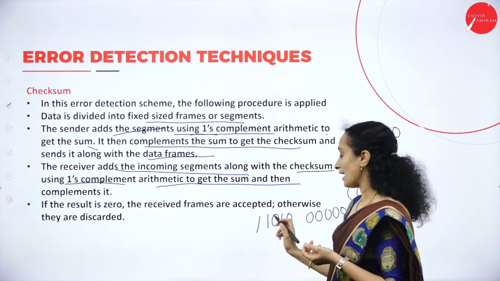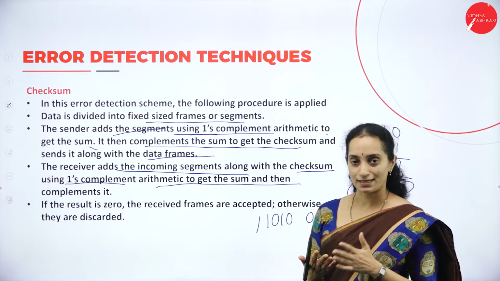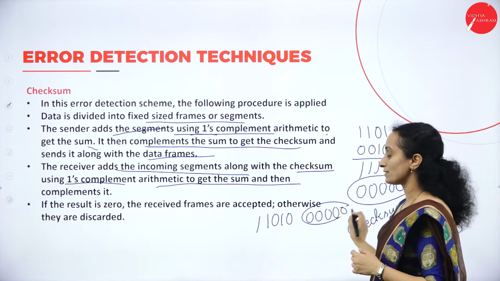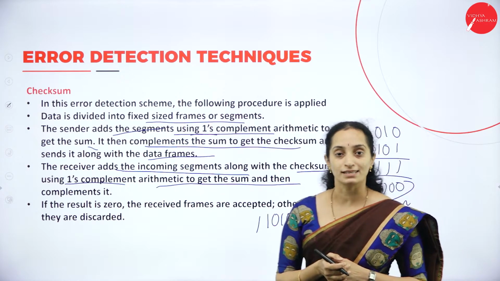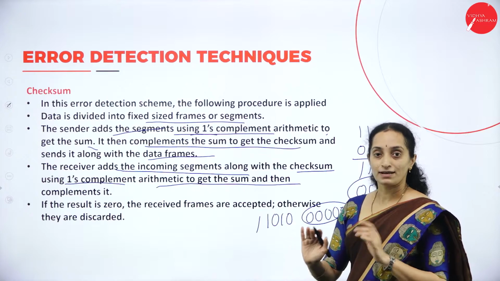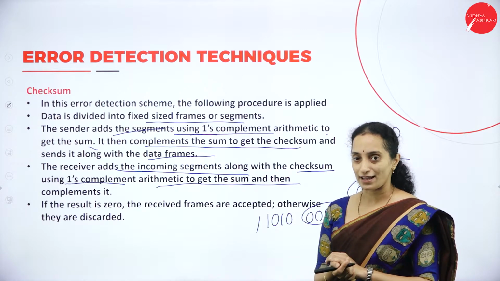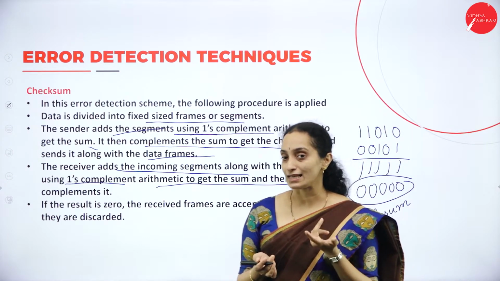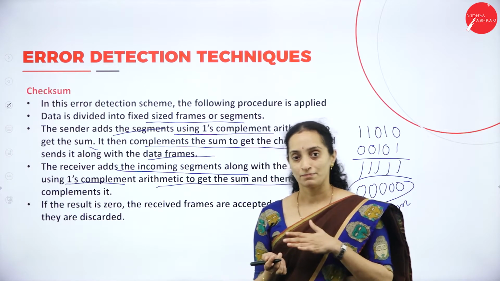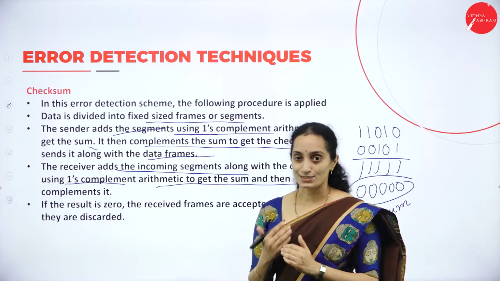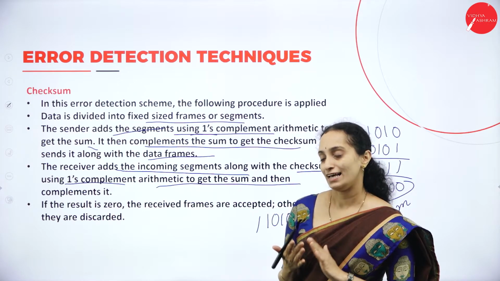So it will add it and complement the message so that, based on the sum that has been received by the sender, the receiver will counter check with the sum value so that if there is any detection or if there is any change in the final complemented product, he can assume that there is an error.